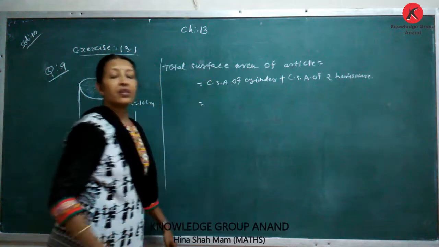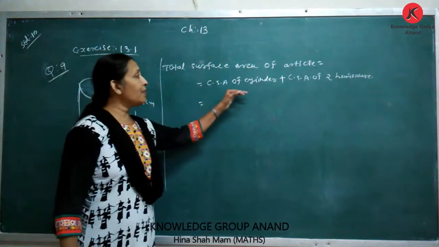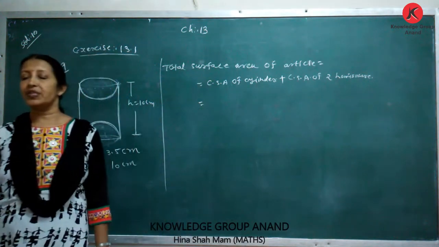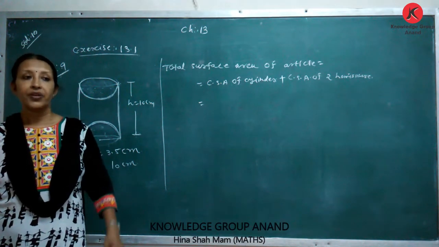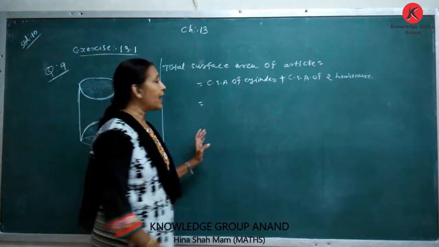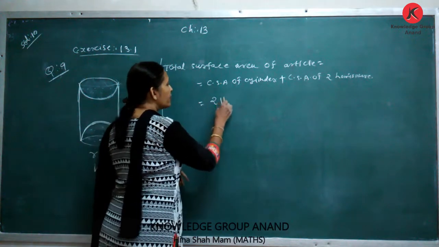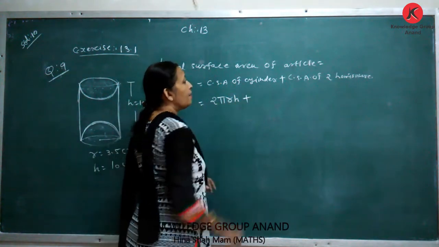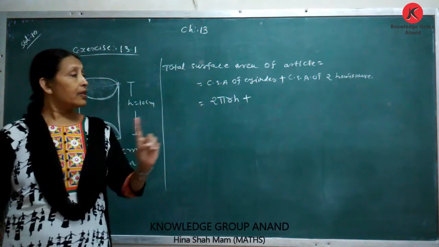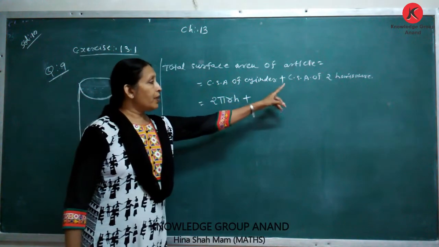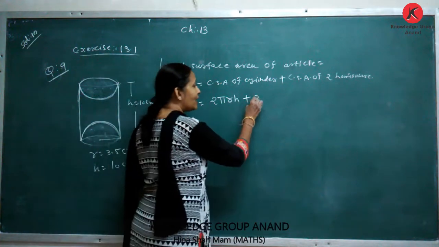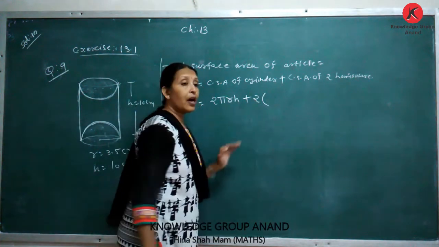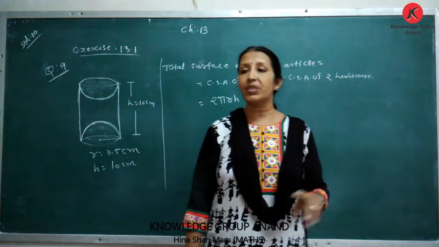What is the formula of curved surface area of cylinder? Yes, 2 pi r h. Plus, what is the formula of curved surface area of hemisphere? Here there are two hemispheres, so we write two times the curved surface area of a hemisphere.